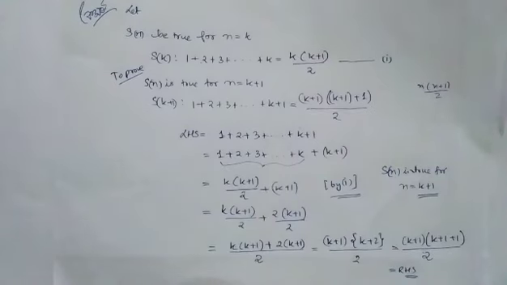So by these two properties we can establish that the statement Sn, the summation of the natural numbers up to n, is equal to n into n plus 1 divided by 2. This statement is true for all natural numbers.